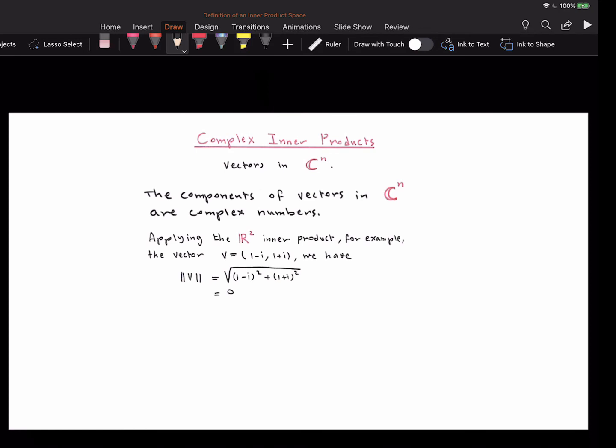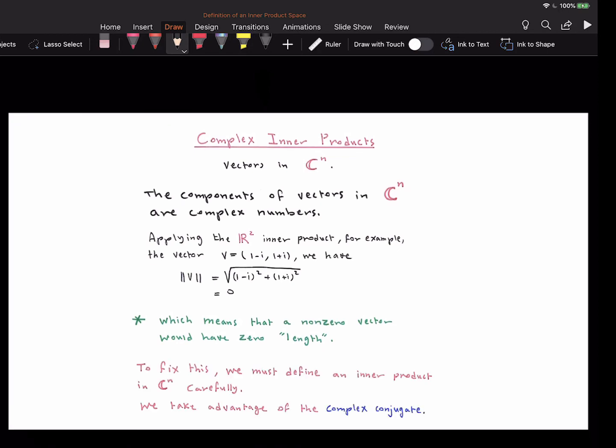Applying the real inner product, for example, the vector v equals (1 minus i, 1 plus i) is not a zero vector. But if you do the magnitude or the norm, applying the math, you get 0. That's a problem, which means that a non-zero vector would have a 0 length.